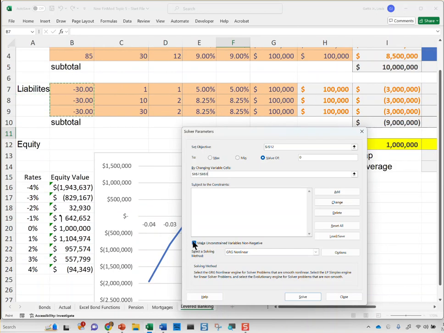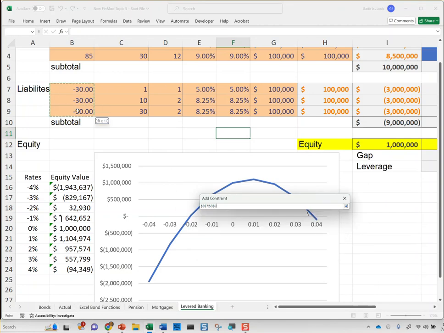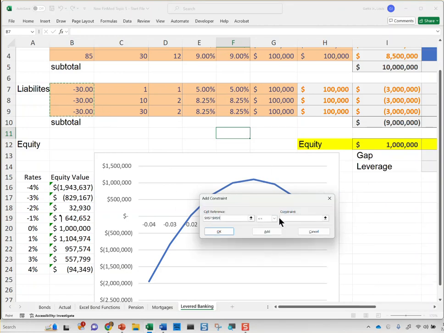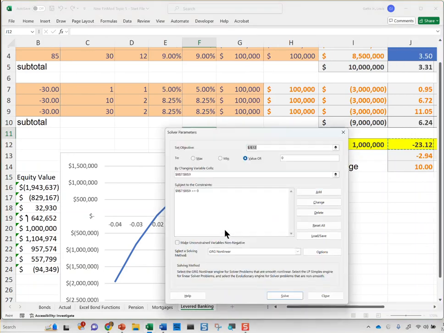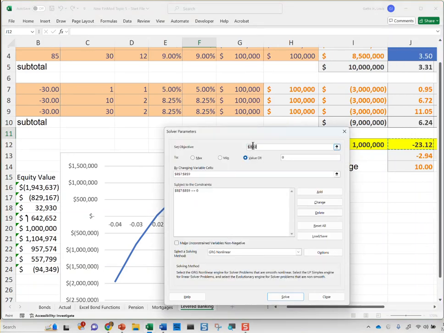I need to uncheck the box since we're issuing these bonds, it's going to be negative. I'm going to add a constraint that all those weights have to be less than or equal to 0 because I'm issuing these bonds. So I'm setting equity duration to 0 by changing the quantities, uncheck the box, and make sure the quantities are either 0 or negative, they're non-positive.